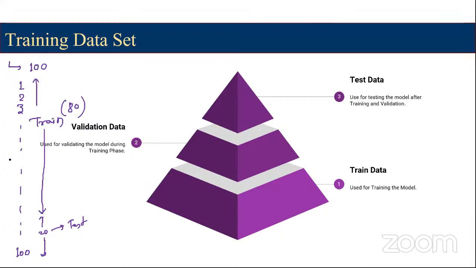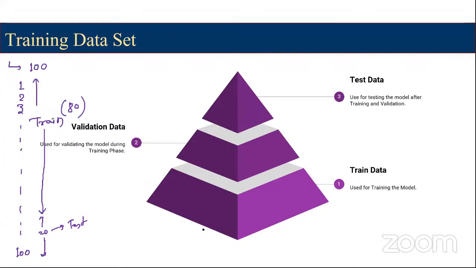But as we are going to use only the first 80 records for training, we can very well evaluate the model on these 20 records. And for these 20 records, if the model prediction matches the actual value, we have strong reasons to believe that whatever concept we are trying to teach the machine, it is capable of understanding those concepts. Okay, so this is the reason we partition our data set.